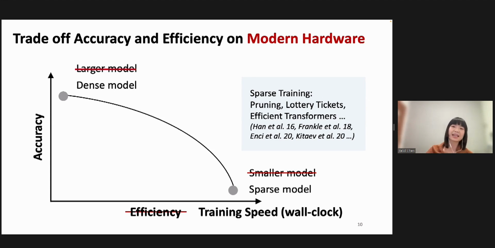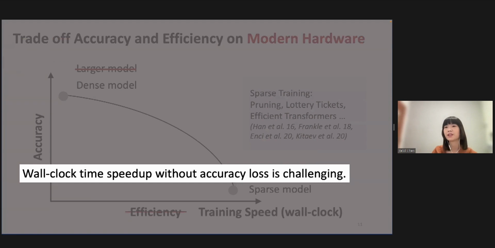Here we can precisely define the efficiency to be the wall-clock time speedup. To be clearer, theoretical speedup measured in FLOPs is sometimes possible, but in wall-clock time it is very challenging. It turns out that a whole line of work in sparse training has been struggling to actually get a speedup in wall-clock time without an accuracy drop.